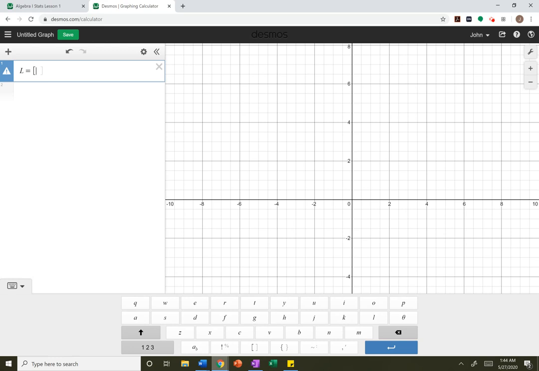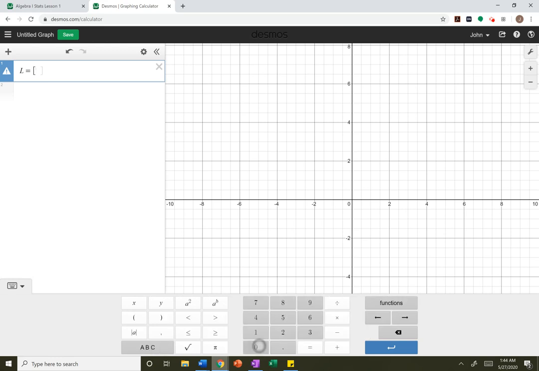Now I'm just going to type in all these numbers: 0, comma, 1, comma, they don't have to be in order. I'm just typing them all in, comma, 2, comma, 2, comma, 0, comma, 0. And this takes time.